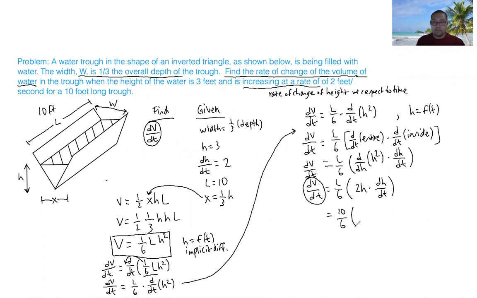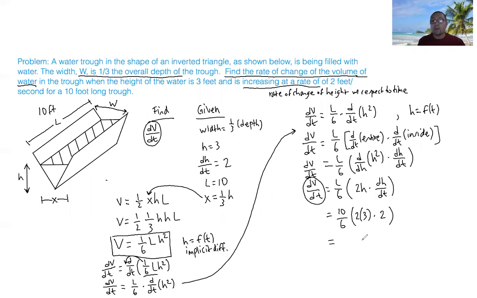It wanted you to find dV over dt where the height of the water was 3, where h was equal to 3. So plug in 3 for h. And when the height was increasing at a rate of 2 feet per second, change in height over time is 2 feet per second.